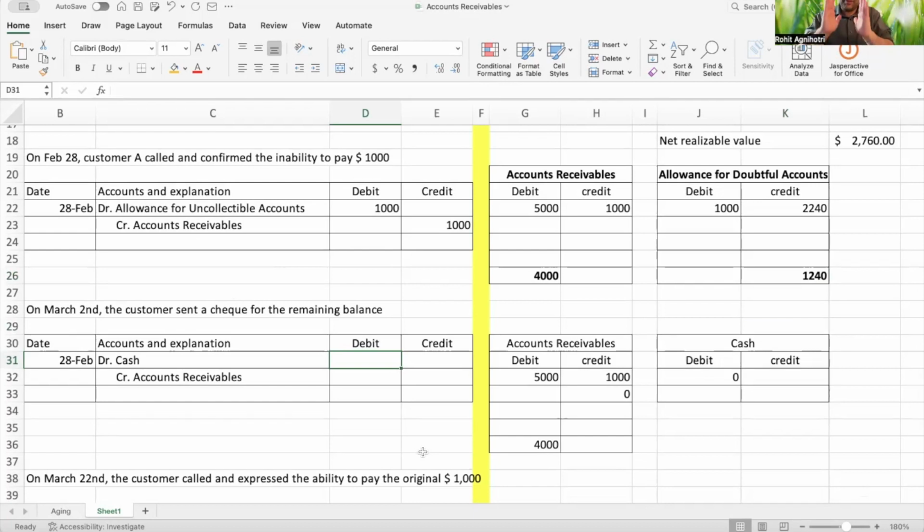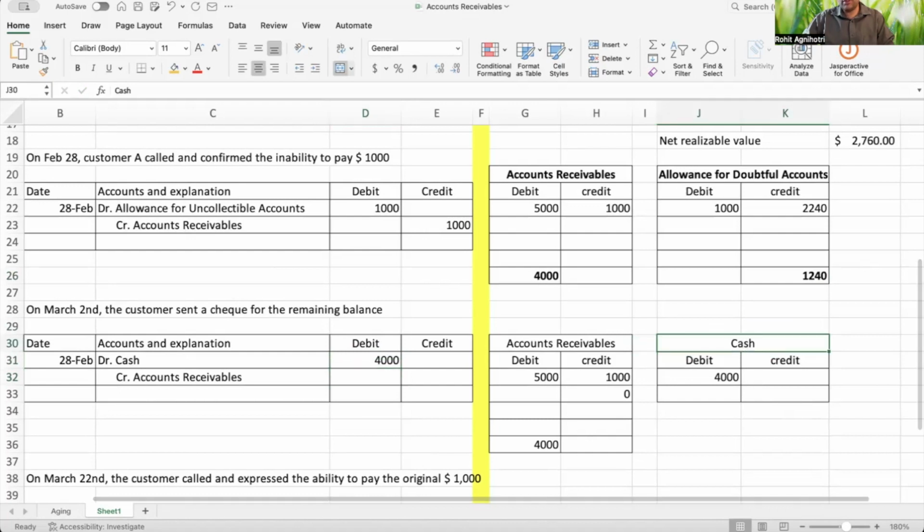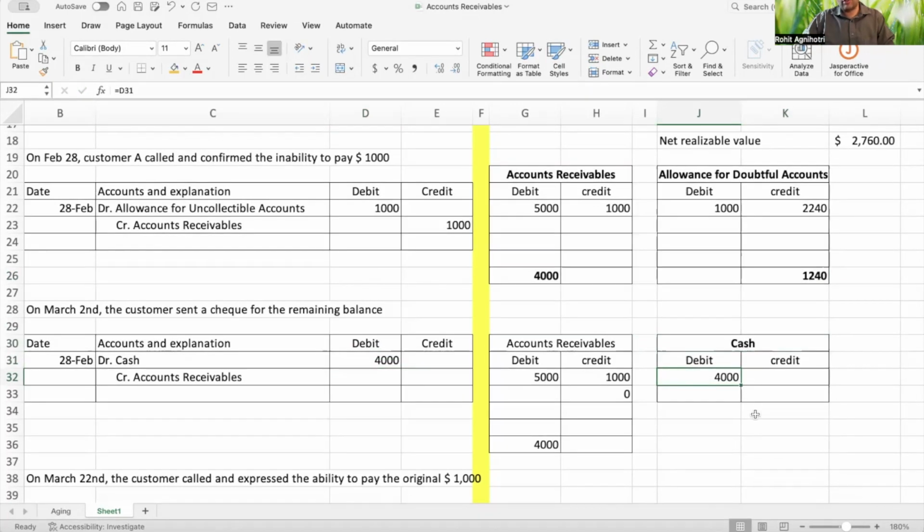That's the balance which the customer is ready to pay. So $4,000 debit cash. You will see a balance of $4,000 on the debit side. Why debit side? Because cash is your asset and assets are increased on the debit side.